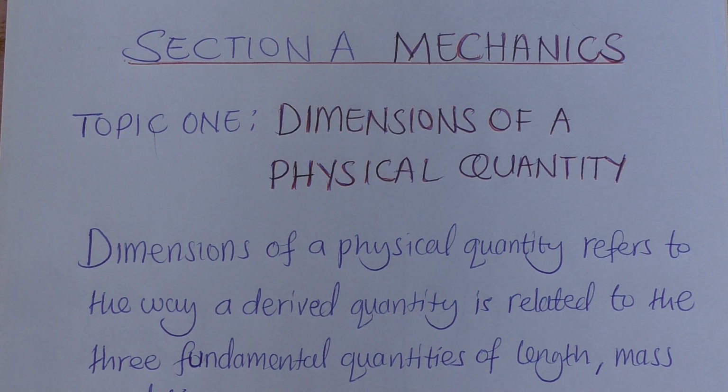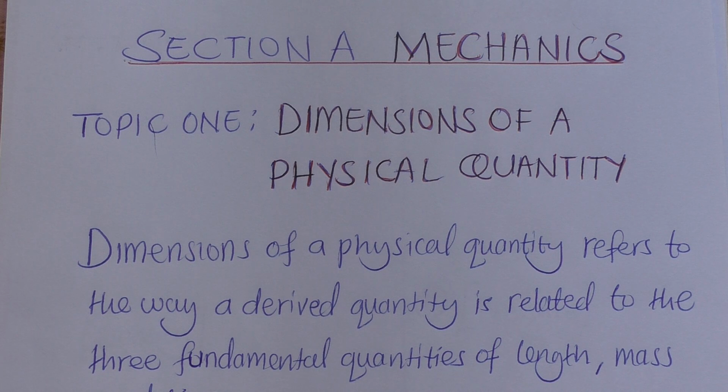I welcome you to our first lesson in A-level physics, that is majorly paper 1, where we shall be discussing all the 3 branches that make up physics 1, and each branch is given a section.